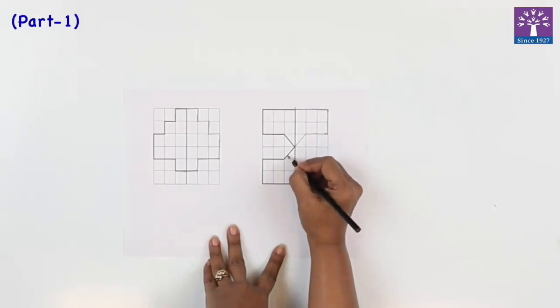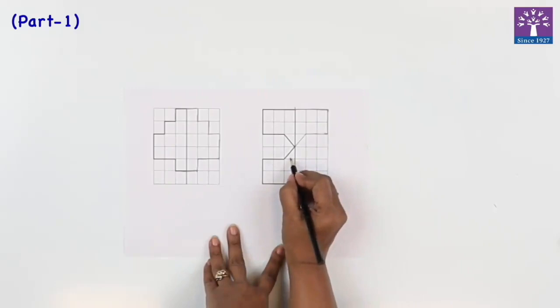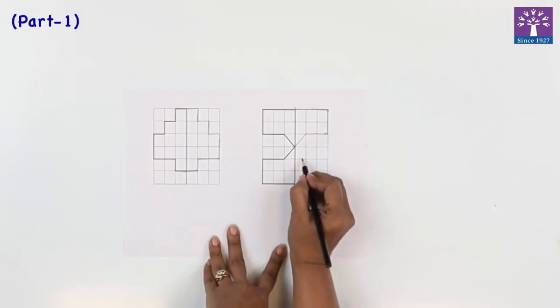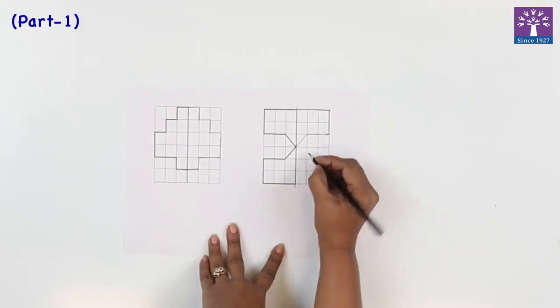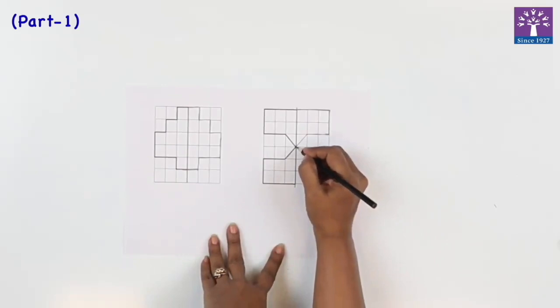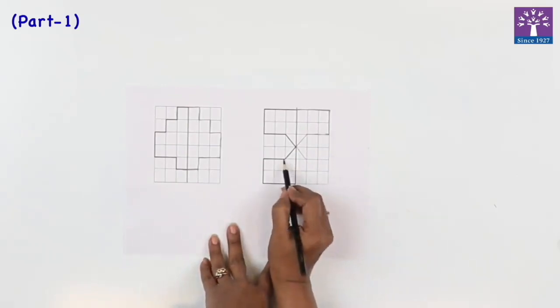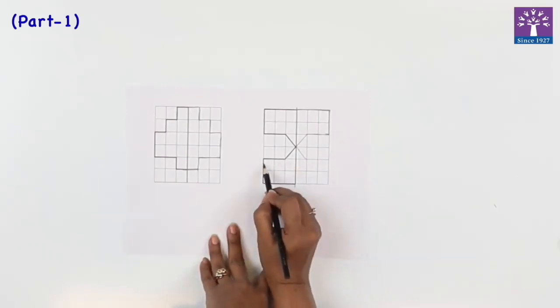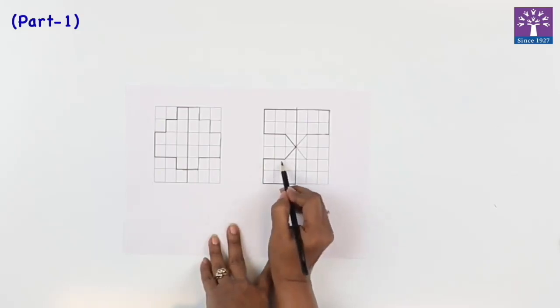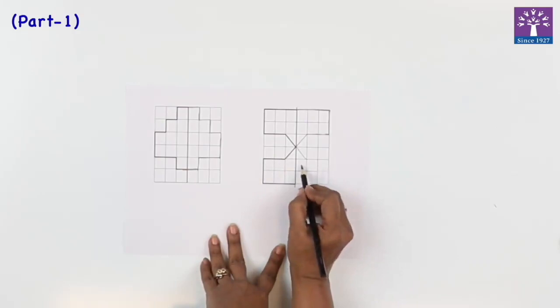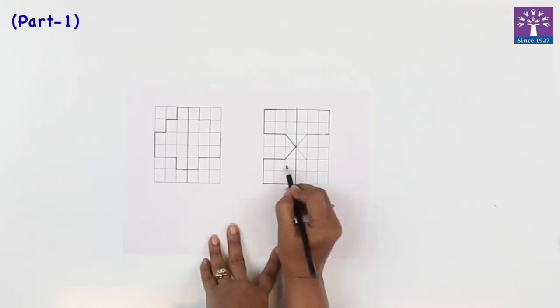Similarly, here we have a slant line going downwards on the first square. So this is your square on the right hand side, and this line is going downwards. Now let's count the squares on the left hand side. 1, 2 and 3. First square is empty.